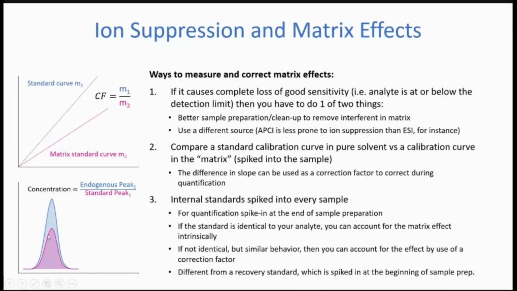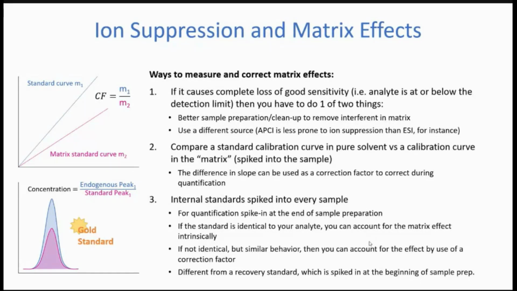And then you can simply use the suppression of your standard to correct for your endogenous, that is. So if the samples aren't exactly identical, but they behave very similarly, then you can also use this as a correction factor.